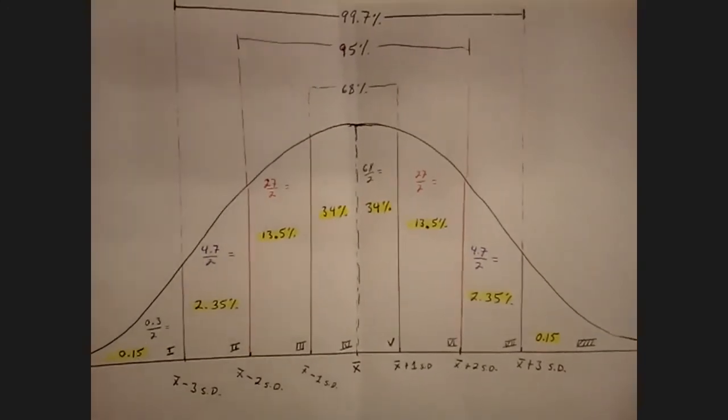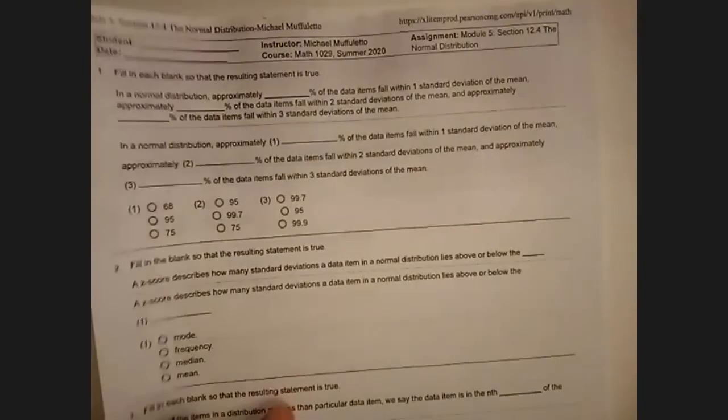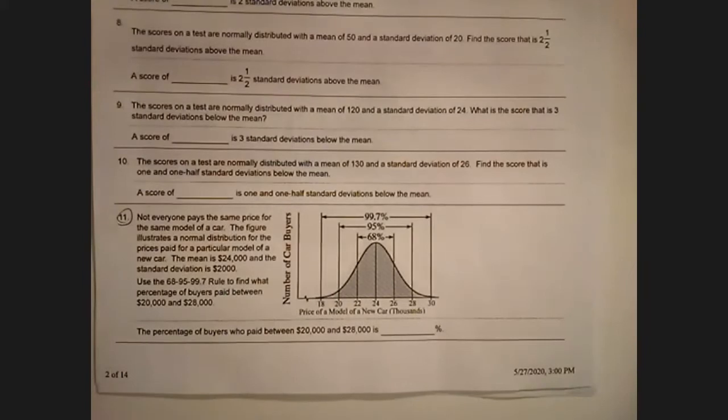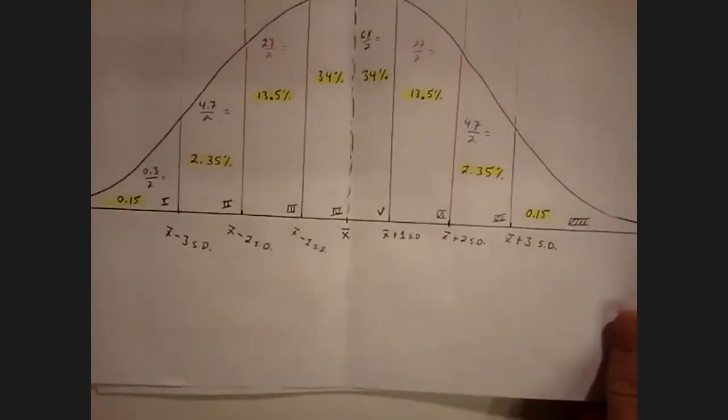All right, so let's just start. The first one I'm going to look at is, I think, number 11. If you look at the problem, that graph is the same as this graph.